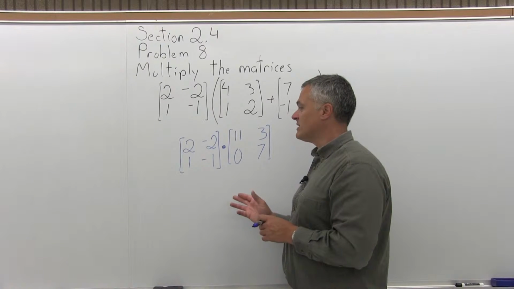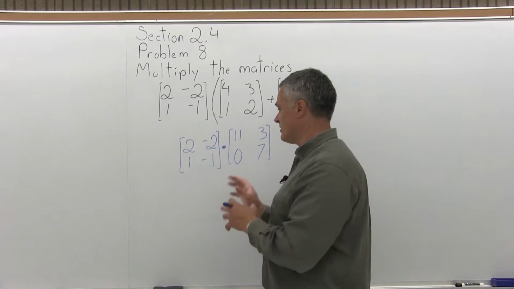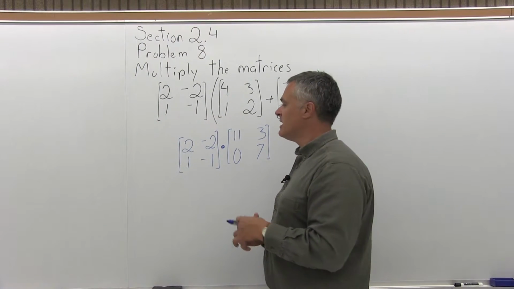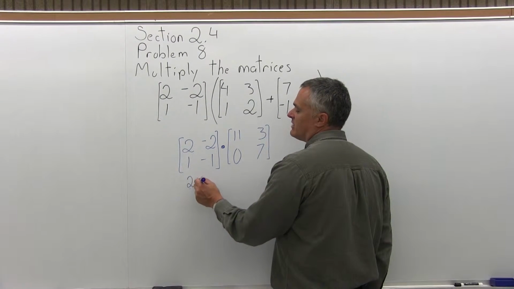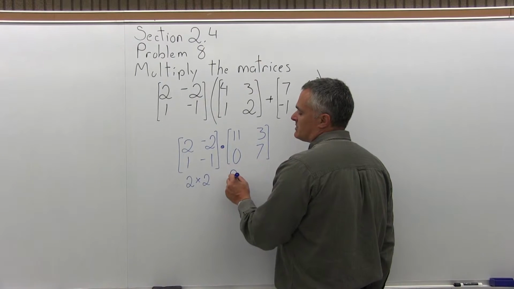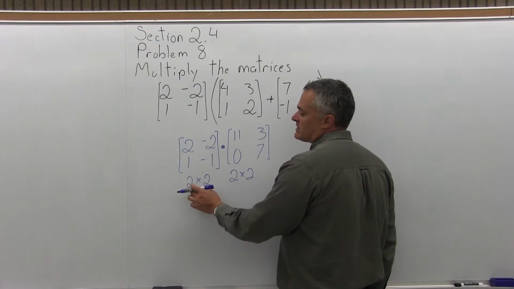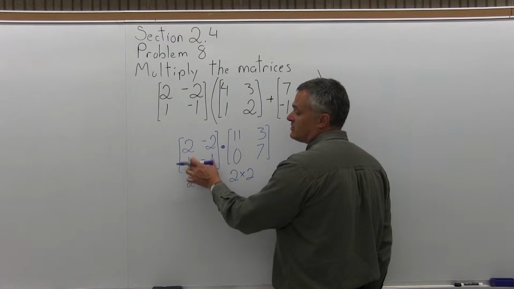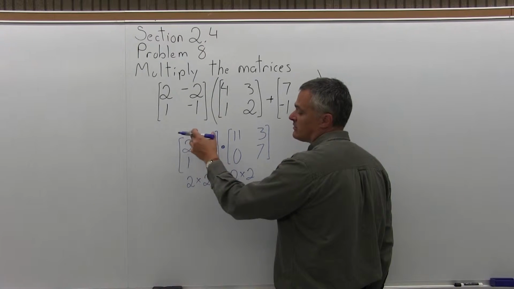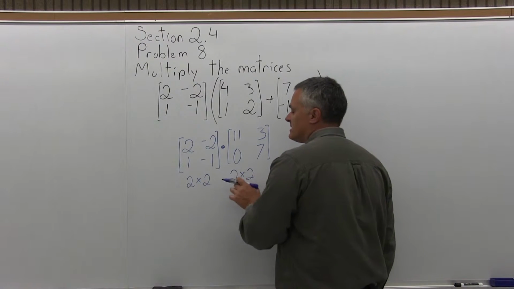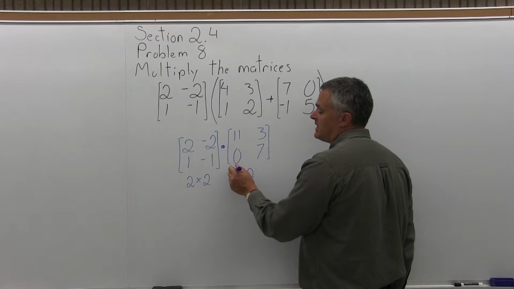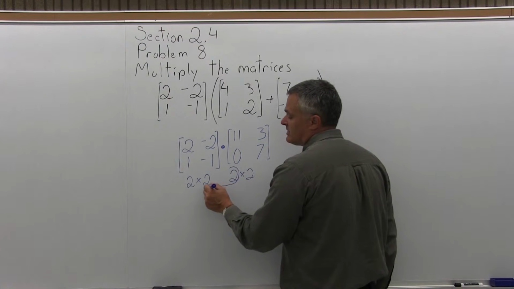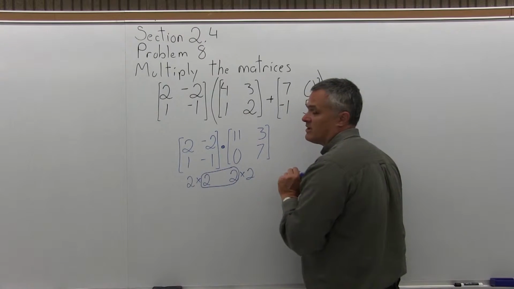Again, you're checking to see if the number of columns in the first matrix is equal to the number of rows in the second matrix. Easiest way to do that, write the dimensions underneath each matrix and see if the inner numbers match. So the first matrix is a 2 by 2 matrix because it has 2 rows and 2 columns. Again, say the number of rows first and then the number of columns. The second matrix is also a 2 by 2 matrix because it has 2 rows and 2 columns. And when you write those dimensions underneath the matrix and you check to see if the inner numbers match, they do.